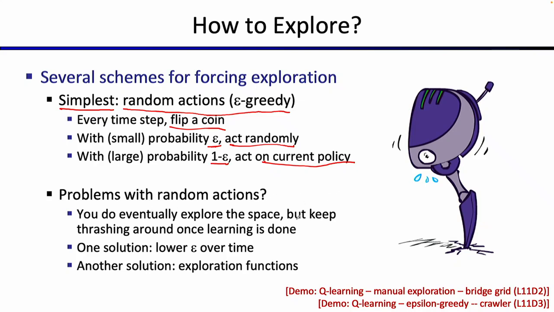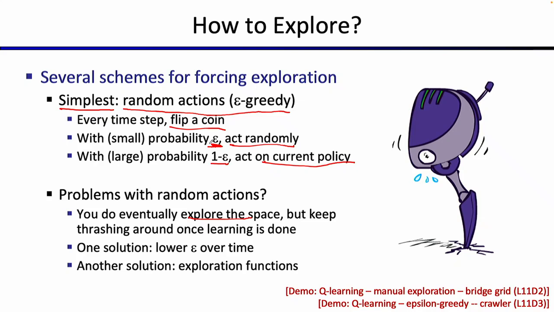But one issue with it is that it doesn't tell us anything about this trade-off. Once you've explored the space, if you have a very high epsilon, you would still be motor babbling around, and you would not be doing as well as you could. So we would need to manually start with a high epsilon that does a lot of exploration, and then manually reduce it to a lower epsilon that exploits.